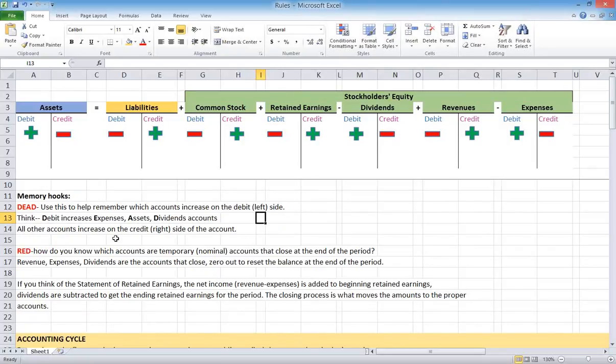All other accounts, you will notice, increase on the credit side. So debit increases assets, expenses, and dividends, and all other accounts increase on the credit side.